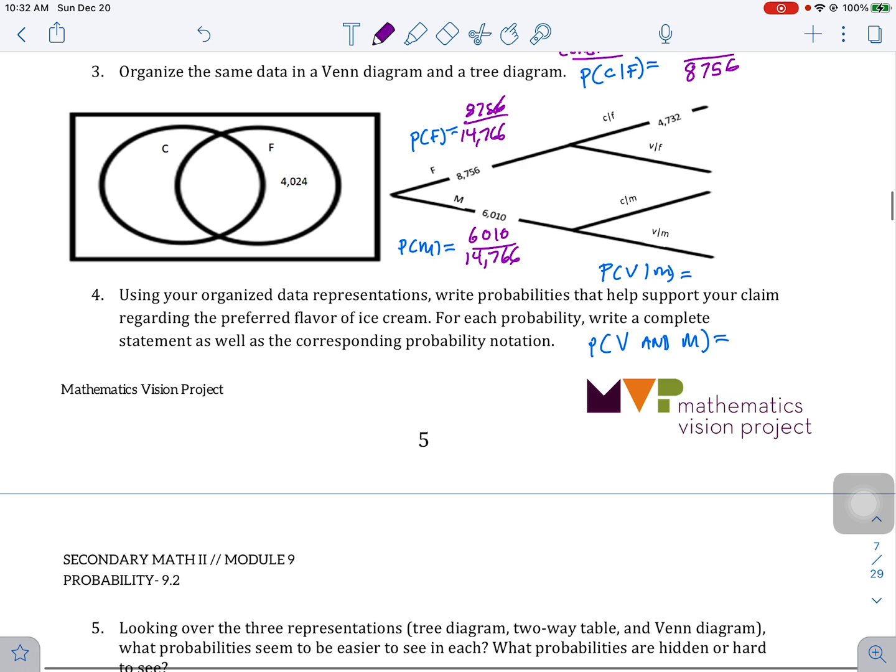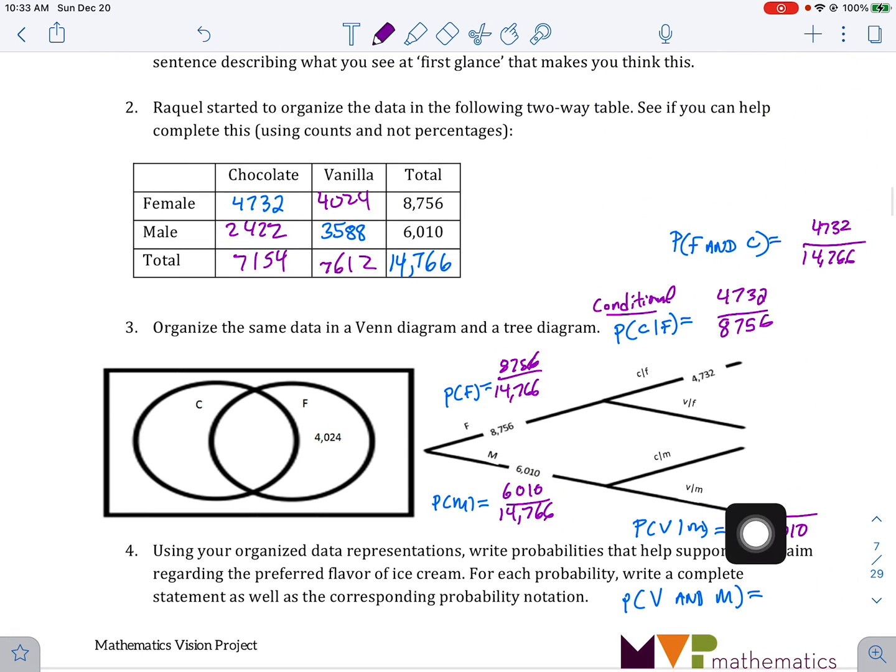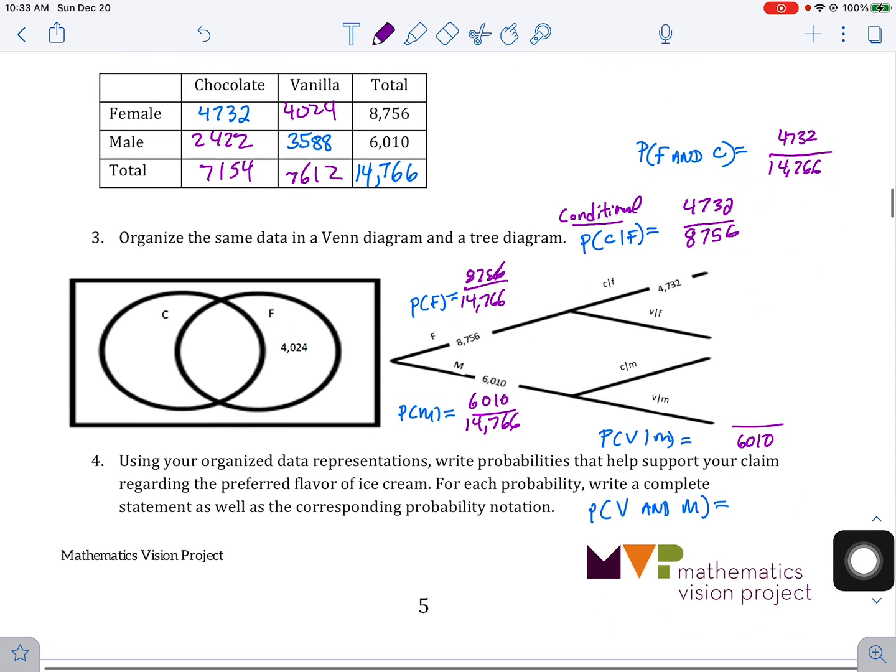Similarly, on the other side, you can also say, what is the probability of vanilla given male? So the males are 6010, and given male, what is the probability of vanilla? Well, how many vanilla do we have? And if we look here, we see 3588 of those males had a preference for vanilla.